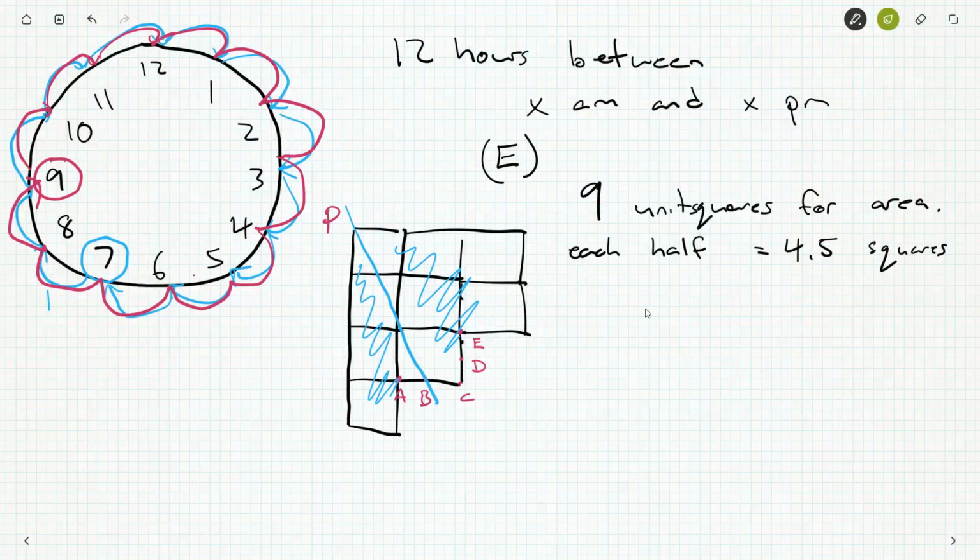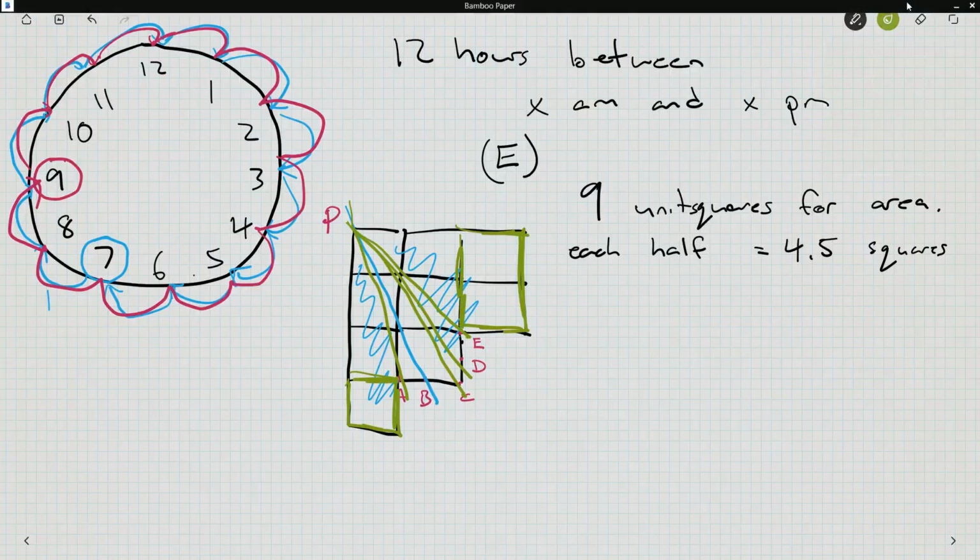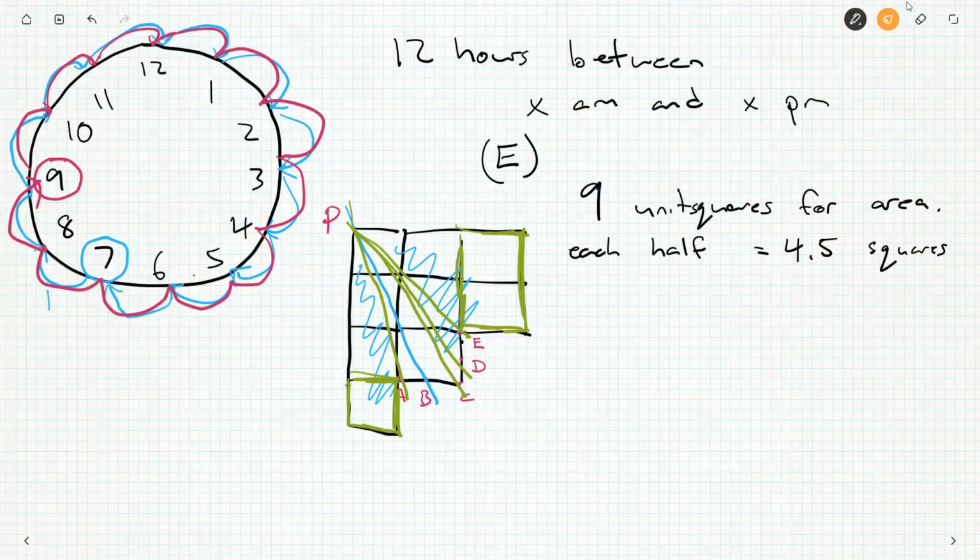If we take a look at the other lines that we could have, AB, AC, AD, and AE, we notice that this square down here is always on the one side, and these 2 squares here are always fully on the other side, no matter which line we pick. What's left over is this orange rectangle that we are chopping up.